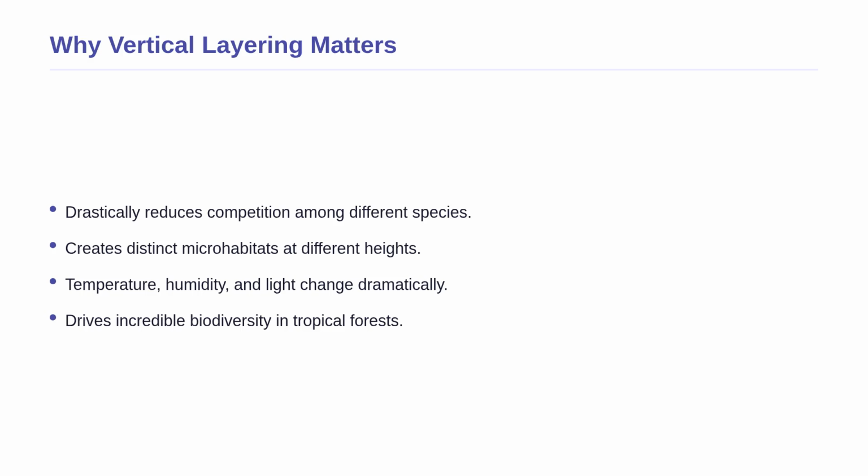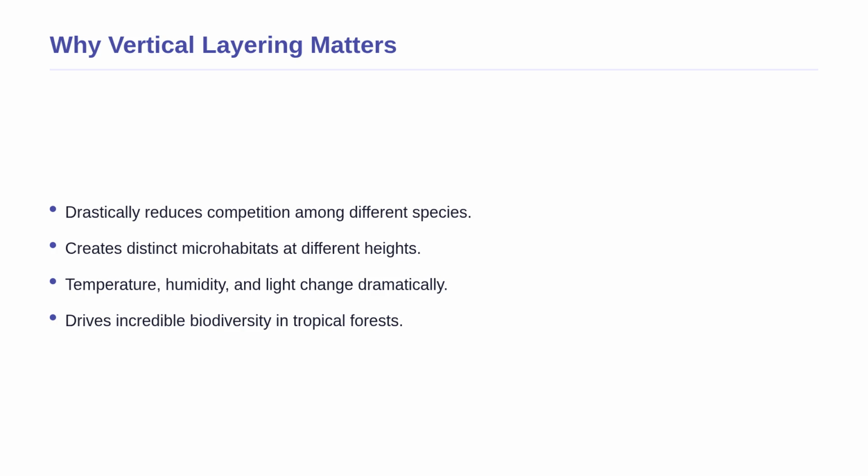Why does this vertical layering matter so much to the survival of an ecosystem? The primary reason is that it drastically reduces competition among species. By creating distinct microhabitats, or tiny, specialized environments at different heights, the forest can support vastly different forms of life.